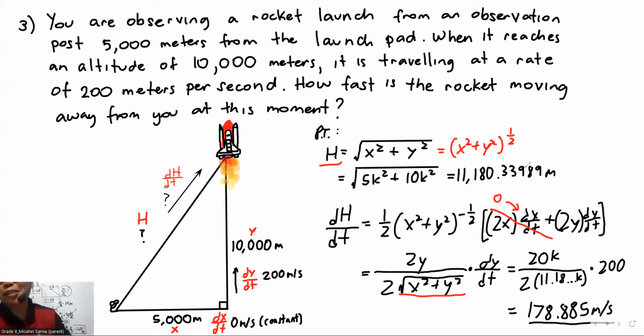Okay, now let's discuss the solution first. You differentiated the hypotenuse using the square root of x squared plus y squared. It's still an acceptable approach. Now let's try my solution, another approach, and see if we have the same answer. Kindly erase your solution.